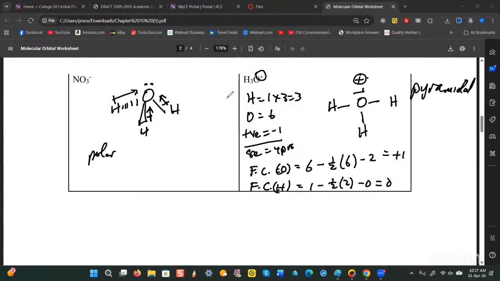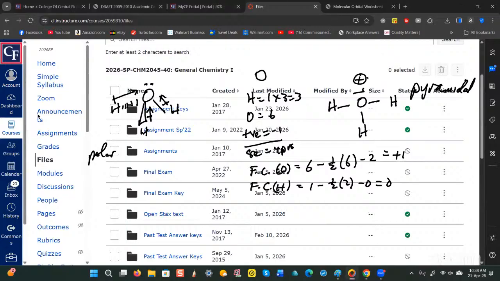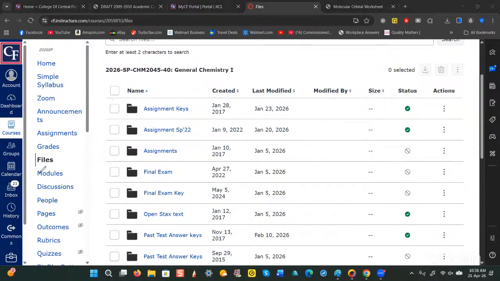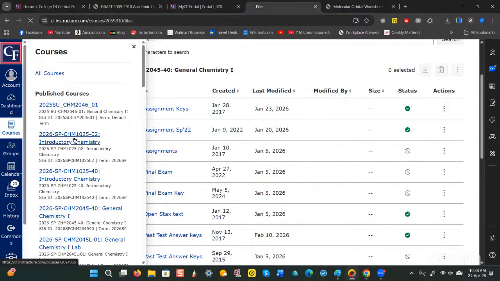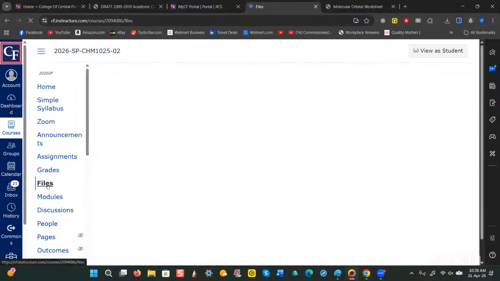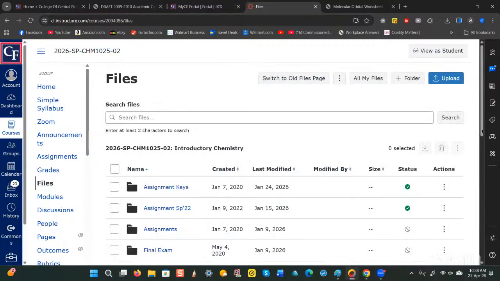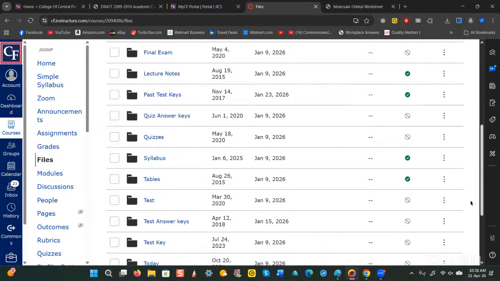Let me see if I can find that chart. Let me clear this first. Okay, I think I have it saved for the students. I'm going to show you this chart because you need to be familiar with it.